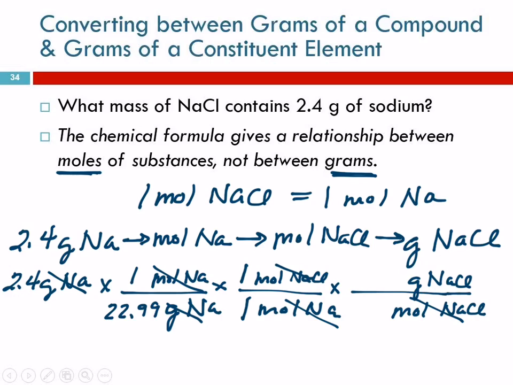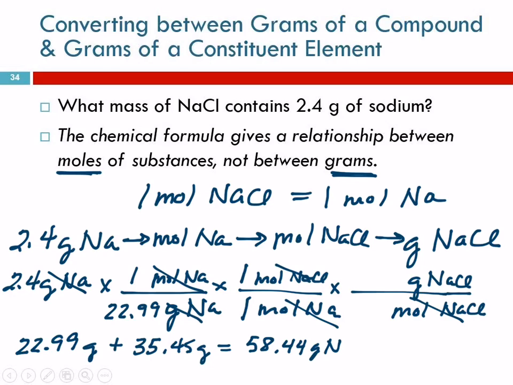Sodium chloride, we need to look at the formula and the molar masses of each element and add them together. So we've got 1 sodium is 22.99 grams, and 1 mole of chlorine is 35.45 grams. That's 58.44. So 58.44 grams of sodium chloride is equal to 1 mole of sodium chloride.